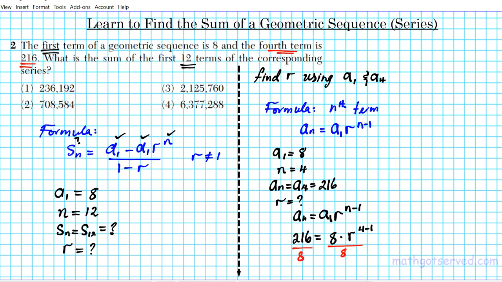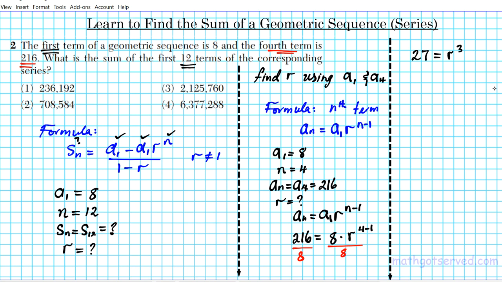When we divide both sides by 8, what is that going to give us? 216 divided by 8: 8 goes into 21 2 times, and then 56, 7 times. So 27 is equal to r to the 4 minus 1, which is 3.